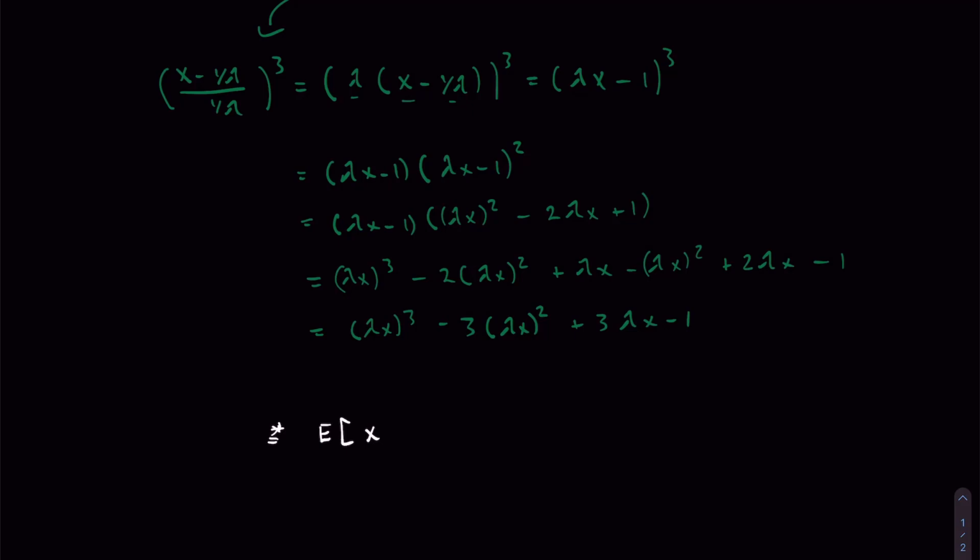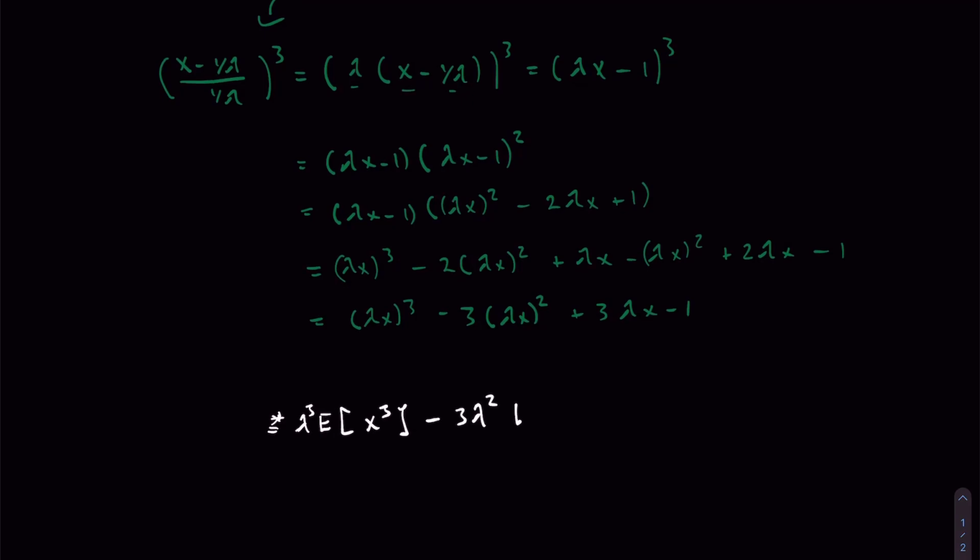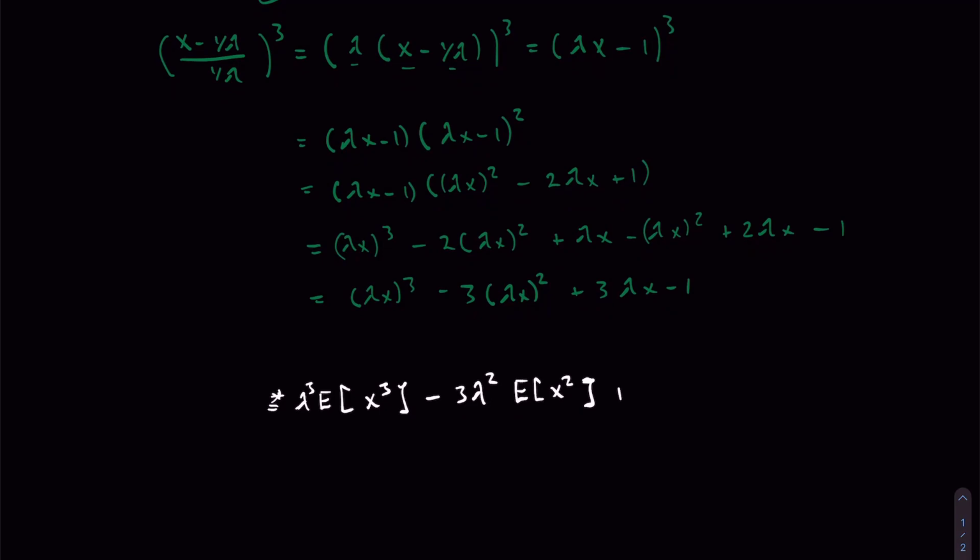So we end up having the expectation of X cubed times lambda cubed, minus 3 lambda squared times the expectation of X squared, plus 3 lambda times the expectation of X, and then minus 1, which is still just a constant.